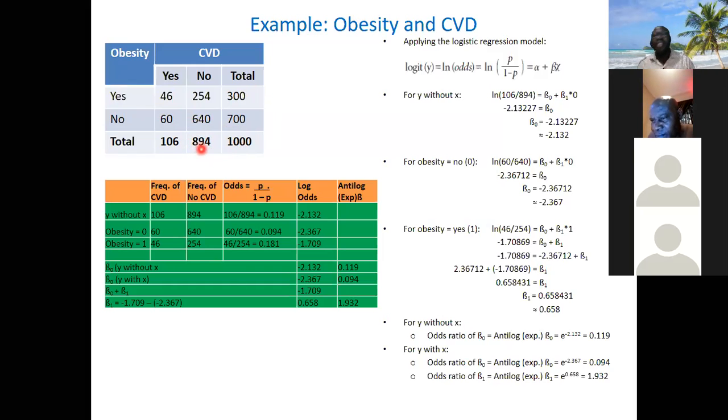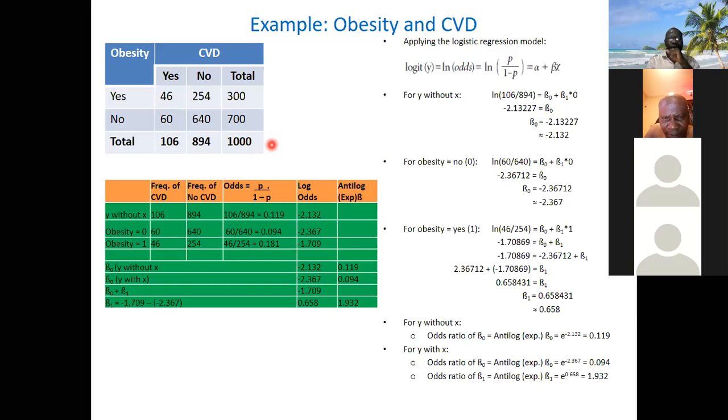The obese and not obese is the exposure, the independent variable, and the outcome variable is cardiovascular disease. We want to see if obesity contributes to cardiovascular disease. It's not the other way: cardiovascular disease cannot be a risk factor for obesity. Obesity is a risk factor for cardiovascular disease.